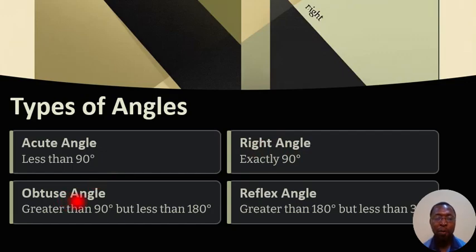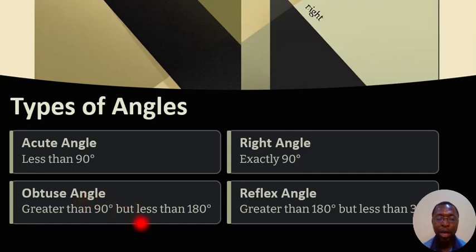Another type of angle we have is the obtuse angle. Any angle that is greater than 90 degrees but less than 180 degrees is in the category of obtuse angle. So we could say 91 is an obtuse angle, 92, 93, 170.